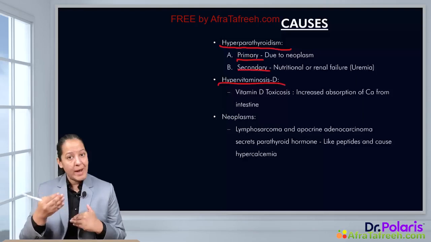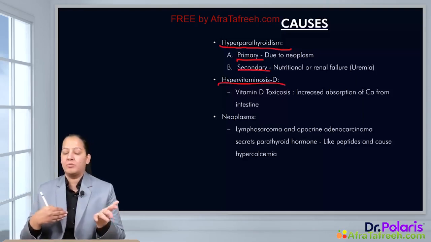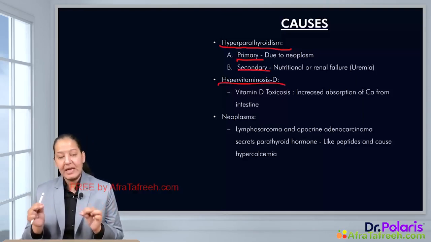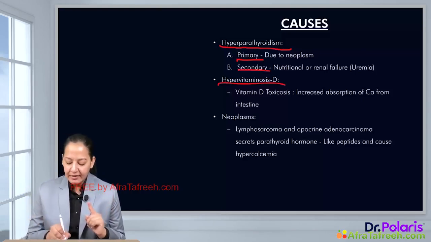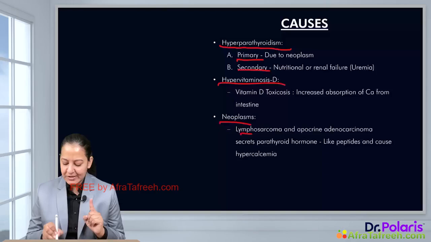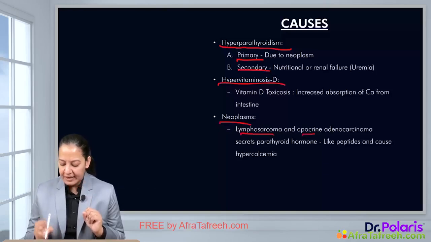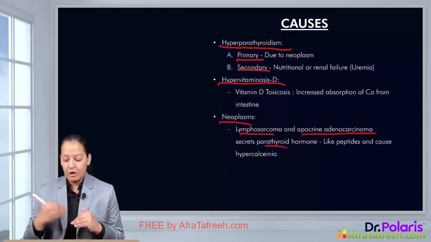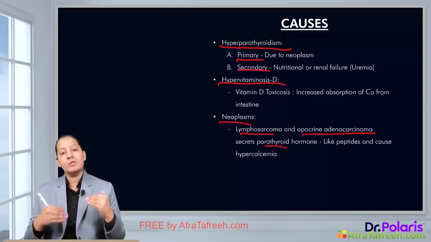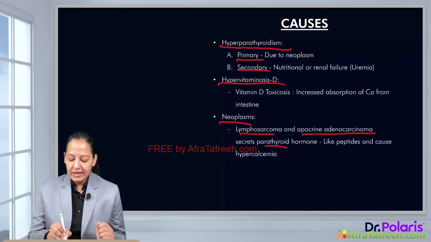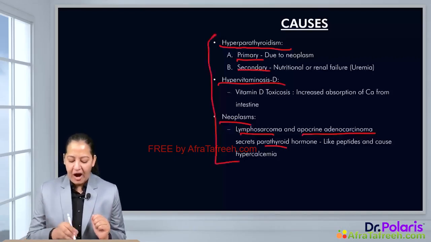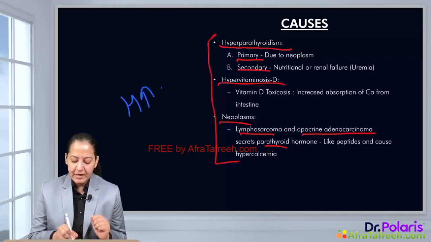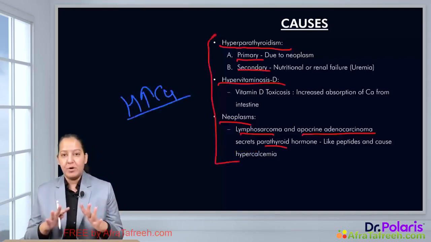So if there is more vitamin D in the blood, there is more calcium absorption. Hypervitaminosis D can lead to hypercalcemia. And there are some neoplasms like lymphosarcoma, apocrine adenocarcinoma that also secrete parathyroid hormone as a paraneoplastic syndrome, and that can also lead to hypercalcemia. So these are the causes of hypercalcemia in blood, that is deranged calcium metabolism.